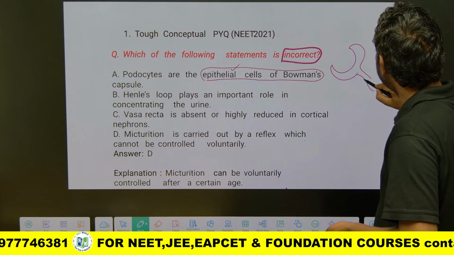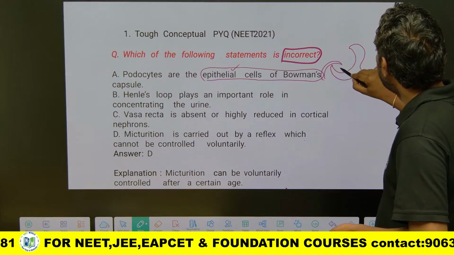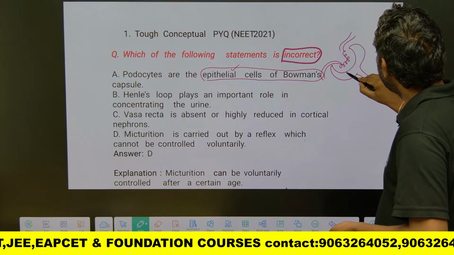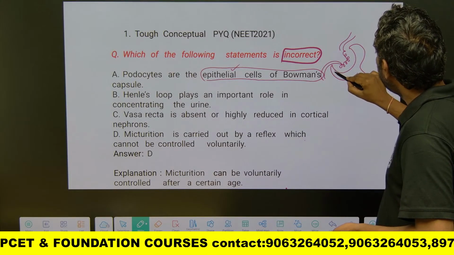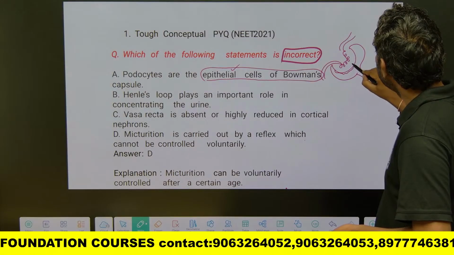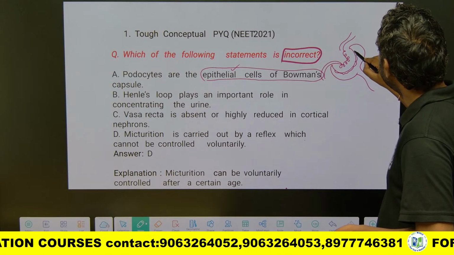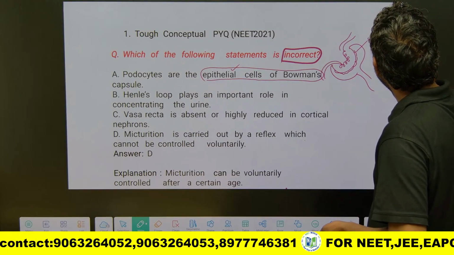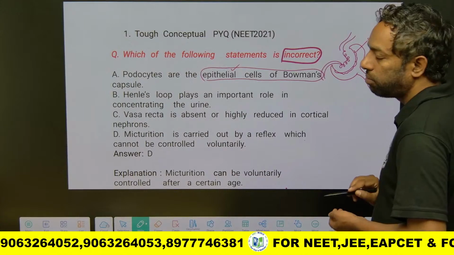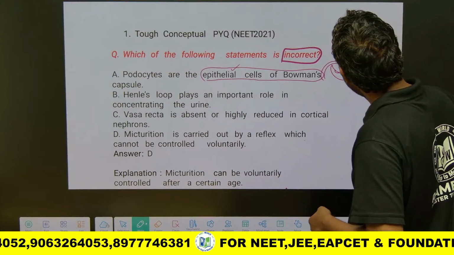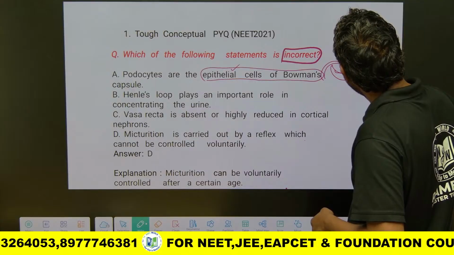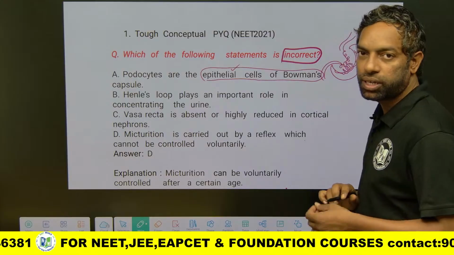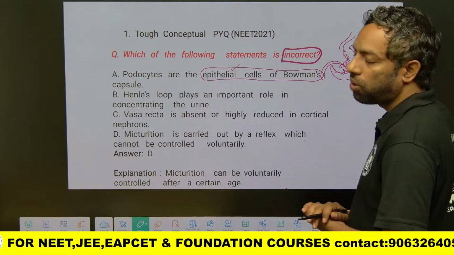This is Bowman's capsule and glomerulus. The Bowman's capsule walls are made up of squamous epithelial tissue. This squamous epithelial tissue enters into the glomerulus as projection-like structures closely connected to the glomerulus, called podocytes.